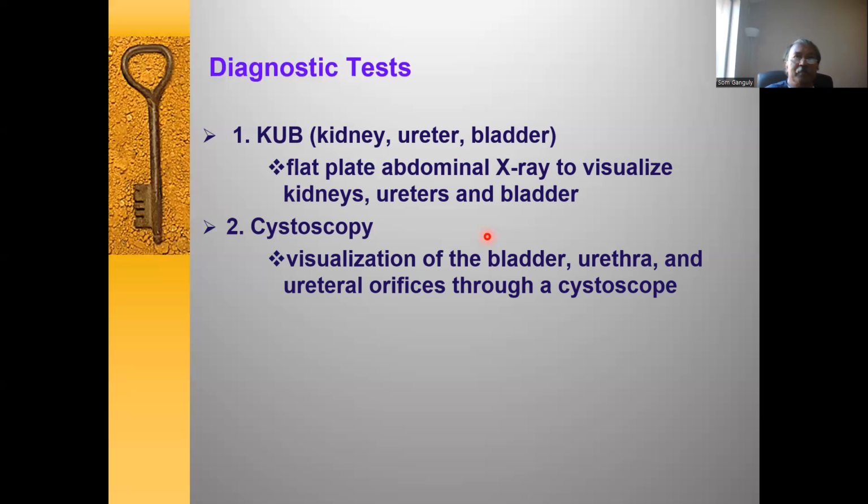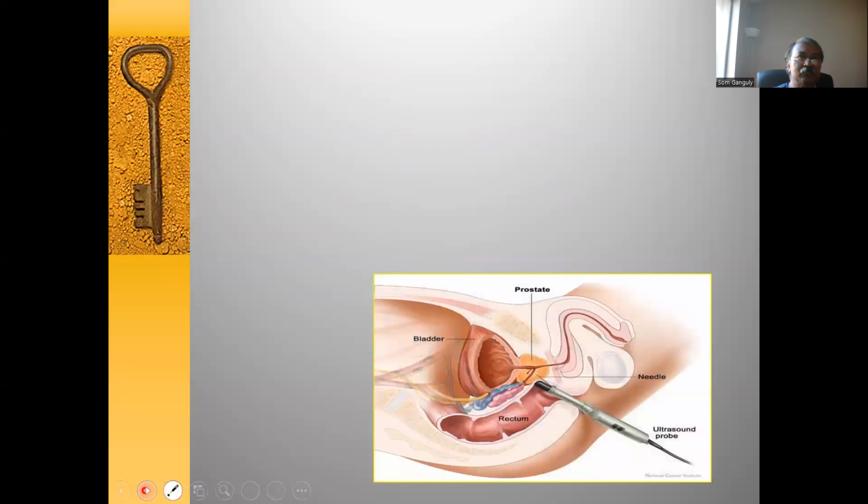So cystoscopy is done to visualize the bladder, urethra, and ureteral orifice. All the way up to the ureter, they can use a ureteroscope. There's a finer scope there, about 1 or 2 millimeters in diameter, a very tiny scope. They can put it in to see the ureter even.